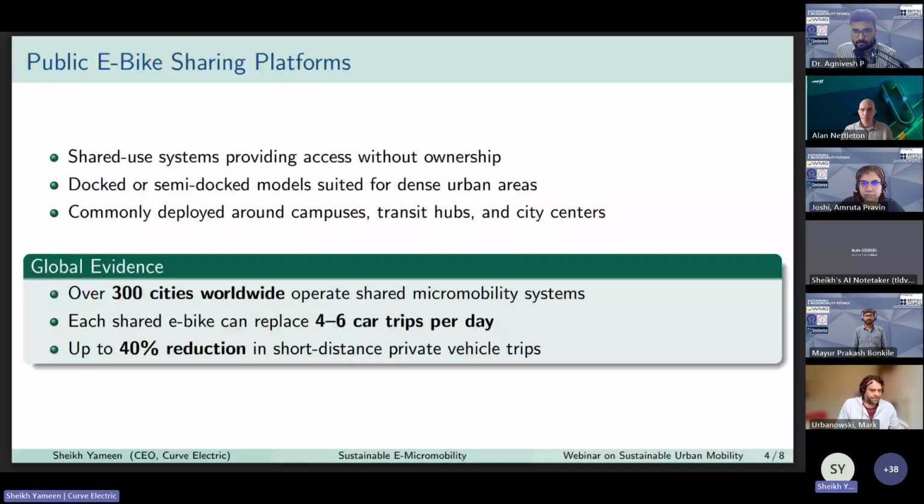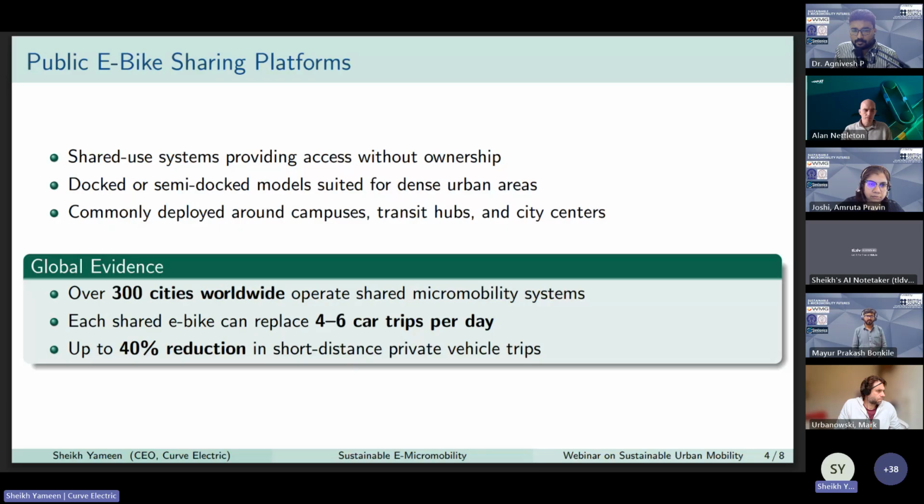That said, shared systems, like the public e-bike sharing platform that we have, or any other platform that other companies or startups have in the country or in the UK, give people access to use these vehicles without incurring the cost of ownership or maintenance.